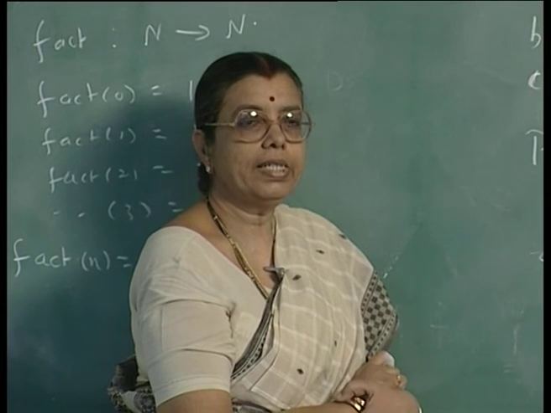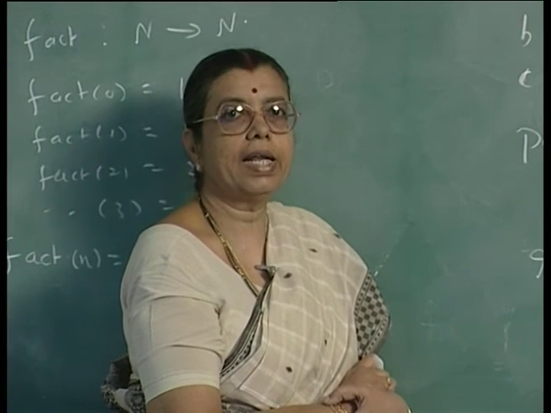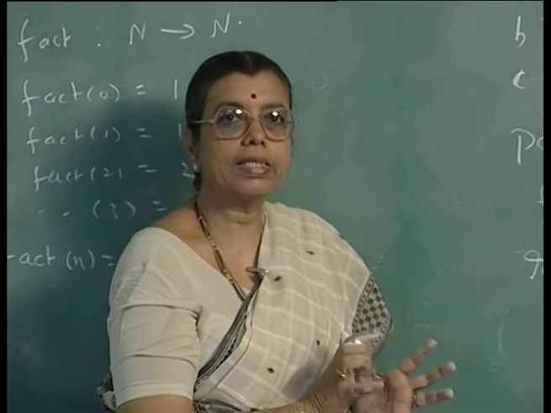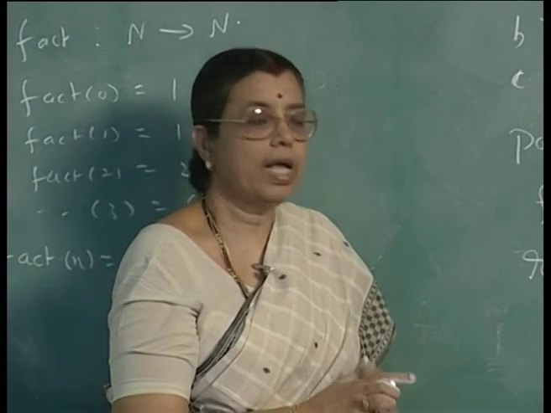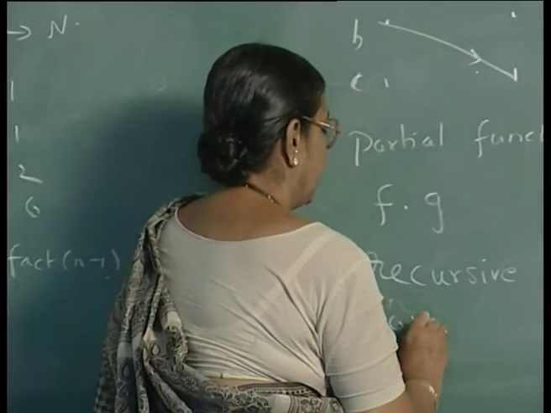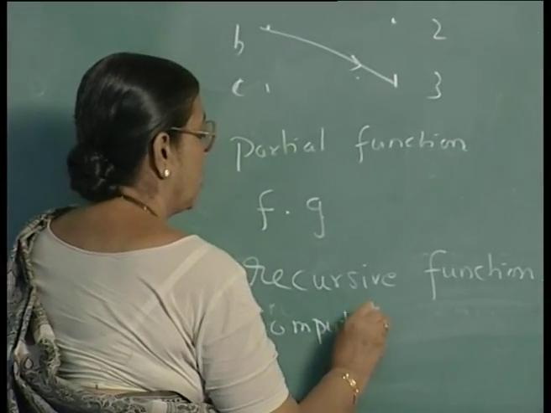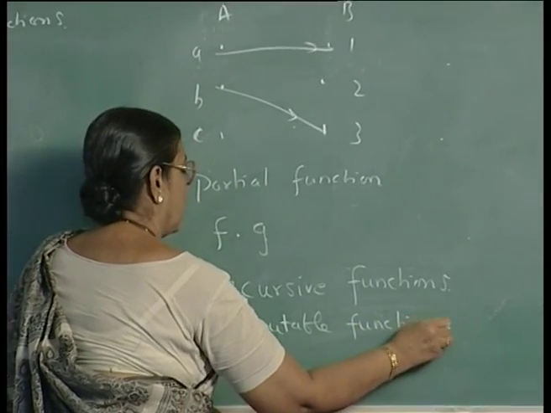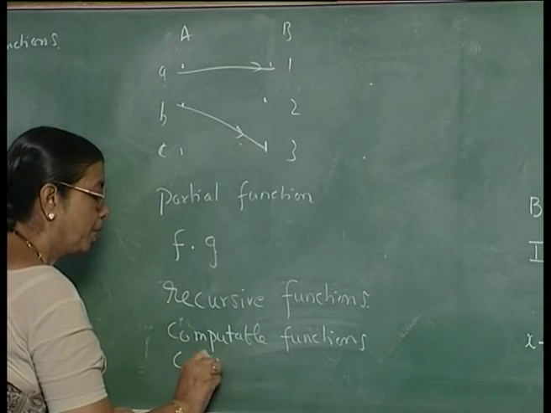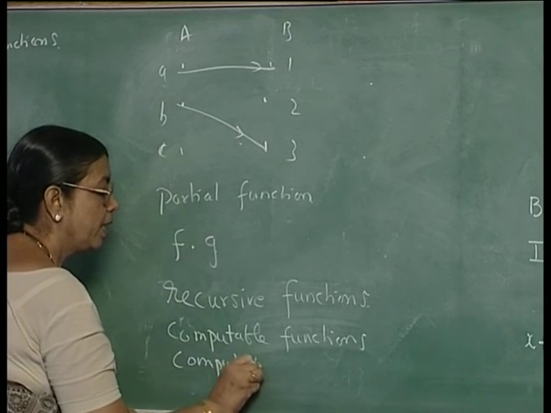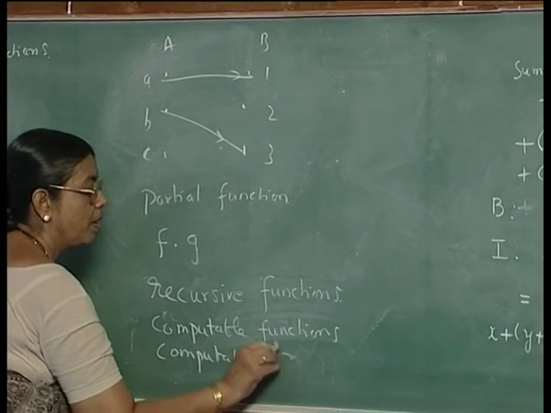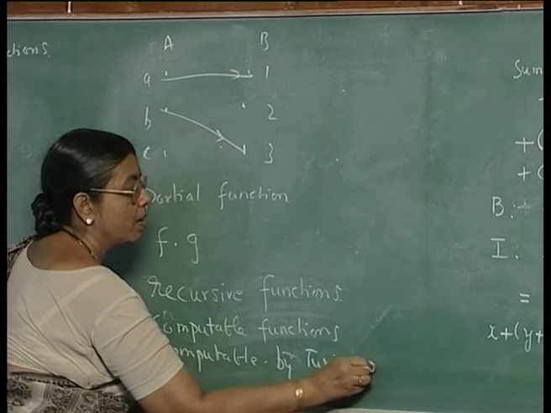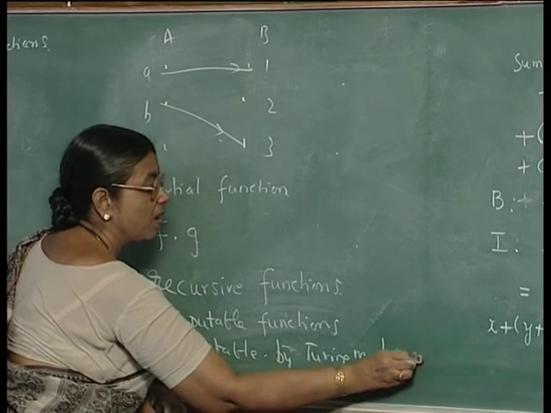Partial recursive functions are exactly the functions computed by Turing machines, and they are known as computable functions.